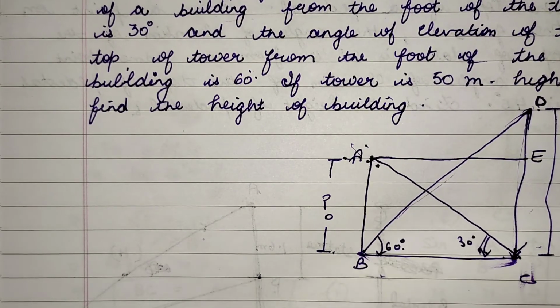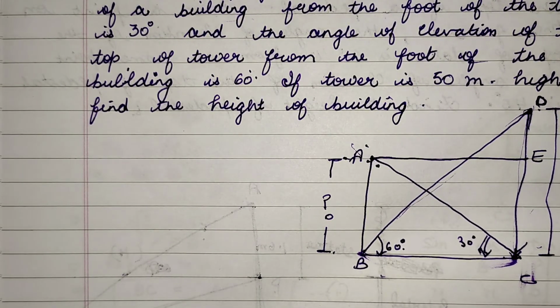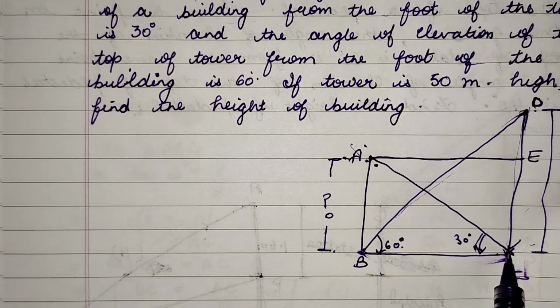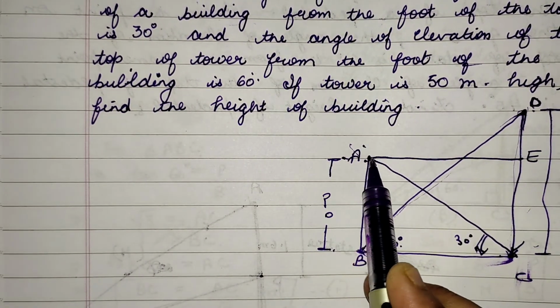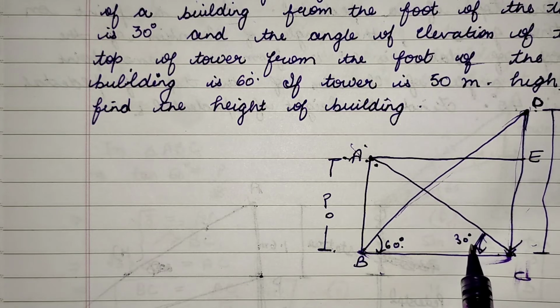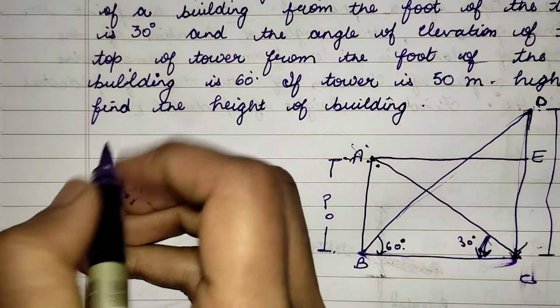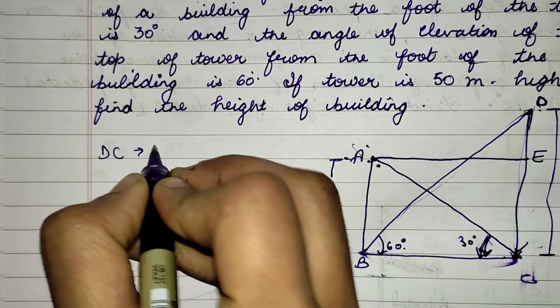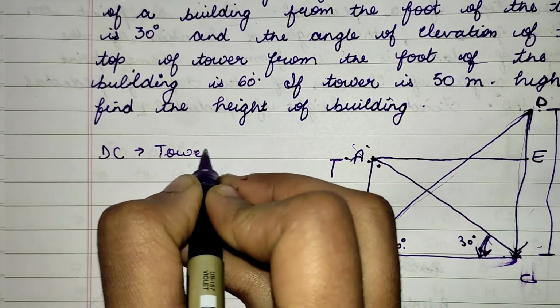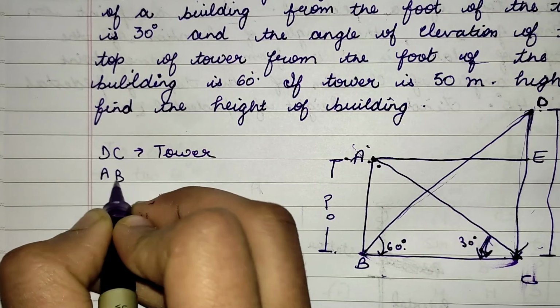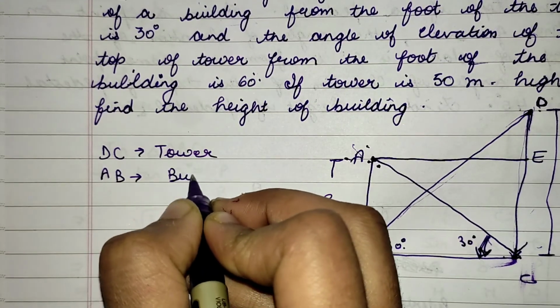The angle of elevation from the foot of the tower DC to the top of the building is 30 degrees. Suppose DC is my tower and AB is my building.